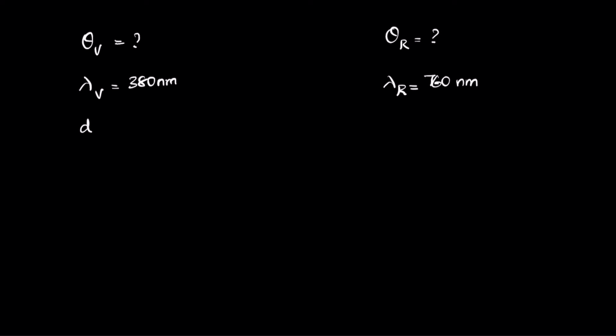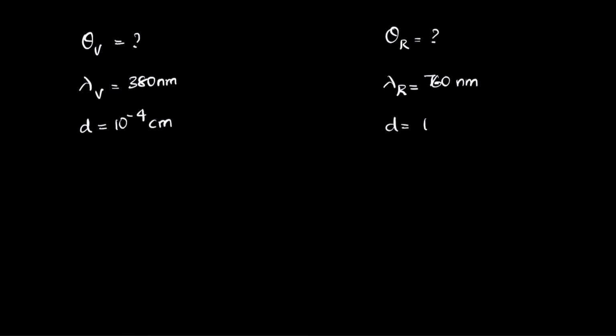Now they are asking us to calculate theta v and theta r. For that they have given us lambda v, which is 380 nanometers, and lambda r, which is 760 nanometers. The value that we already have is d, which is 10 power negative 4 centimeter.